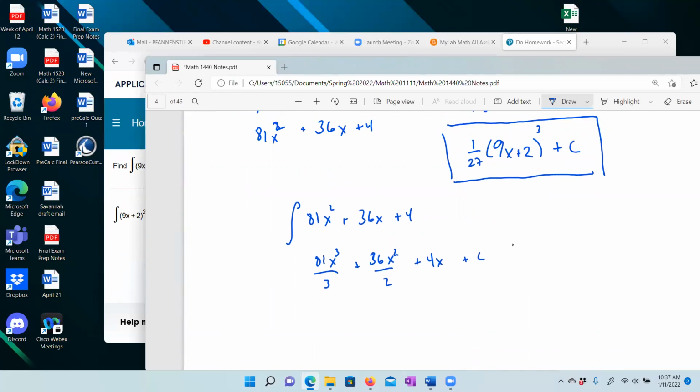That's what we're going to end up with. So we have 27x cubed, since 81 over 3 is 27, plus 18x squared, and then just 4x plus c.